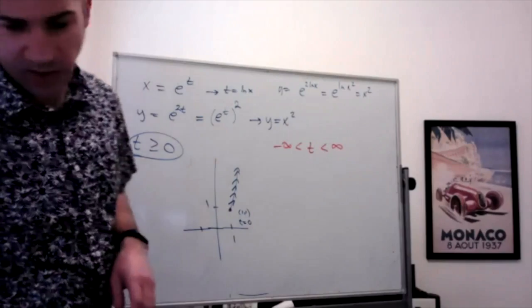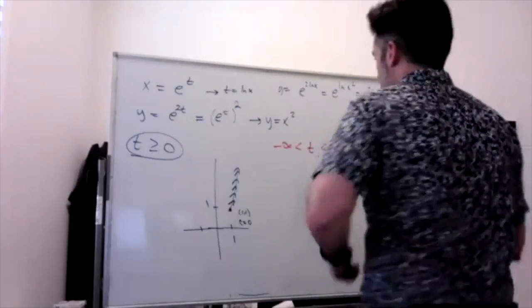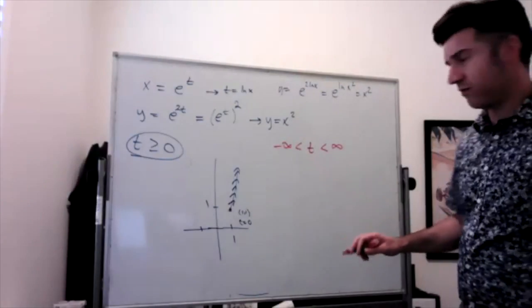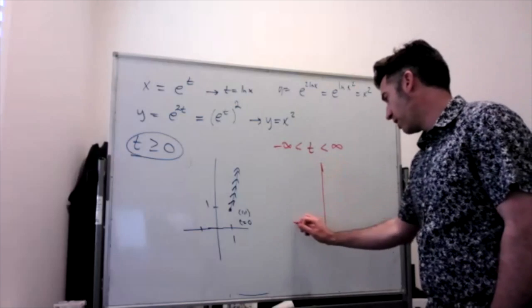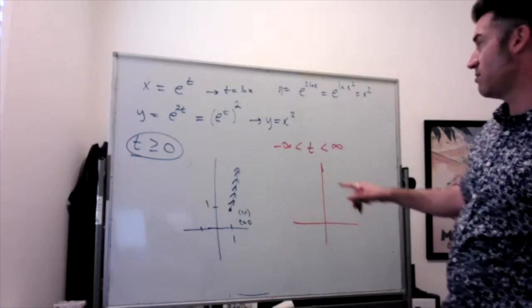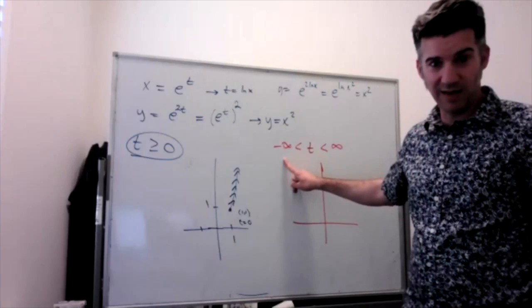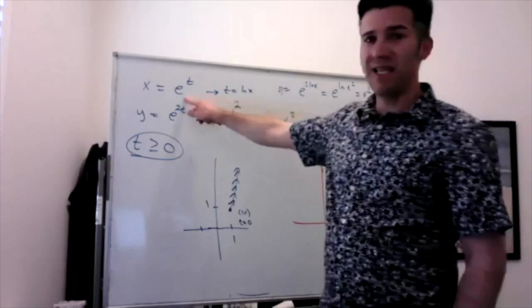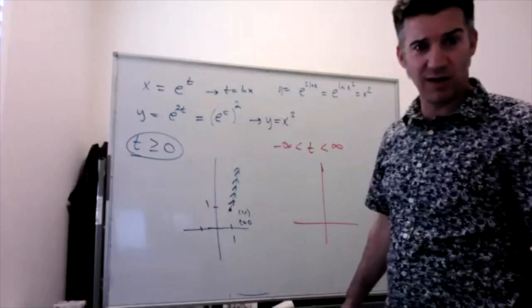Okay. What if, on the other hand, we did everything from minus infinity to infinity? Well, if t can be all the way down to minus infinity, what's e to the negative infinity getting really, really close to?